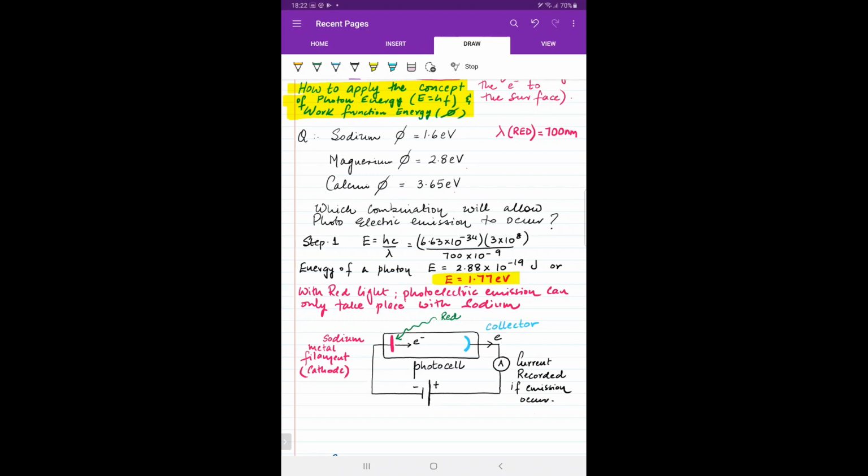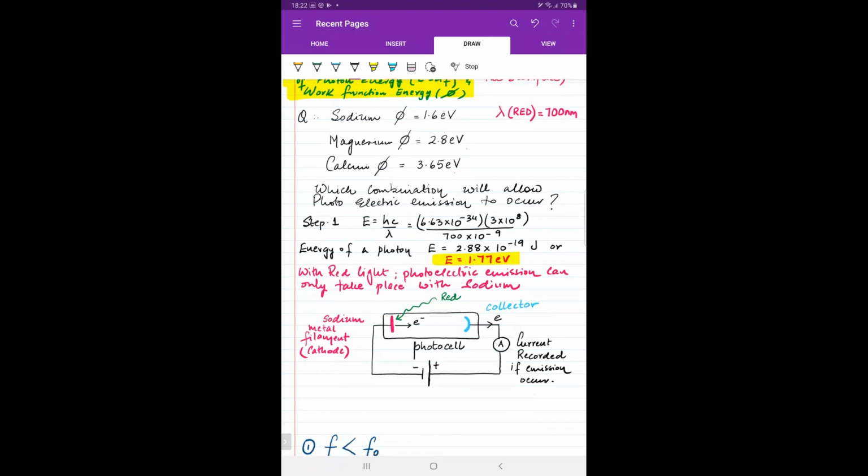And once these electrons will begin to flow in the circuit, a current is going to be recorded by the ammeter. So technically, this is how photoelectric emission is demonstrated.